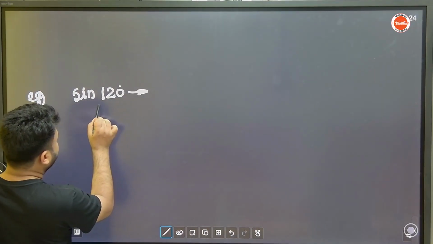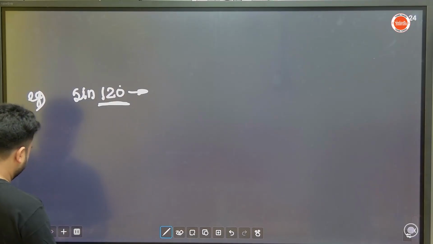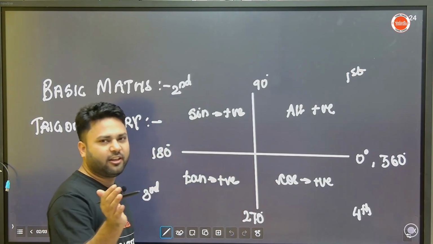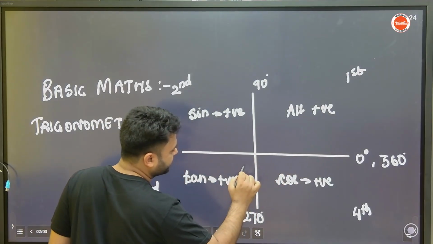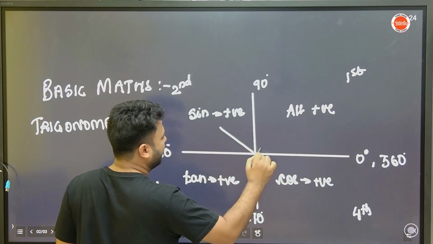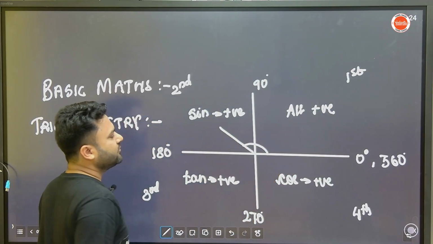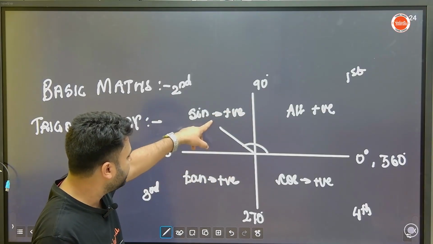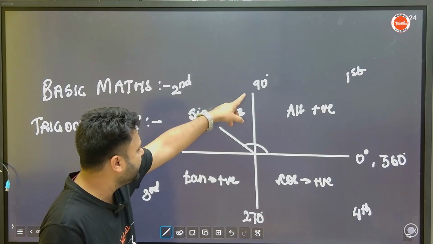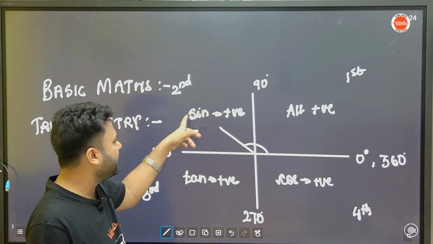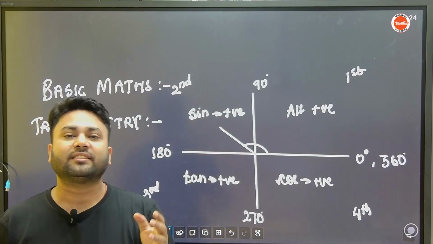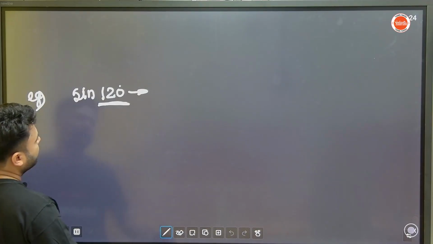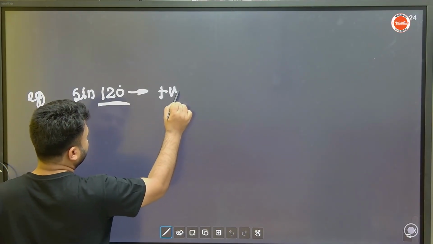All angles we measure from the positive x-axis, so 120 degree means something like this. So 120 degree lies between 90 and 180, that is the second quadrant, and you know that in the second quadrant sine is positive. So whatever value comes will be positive.